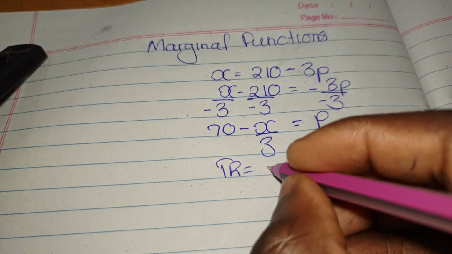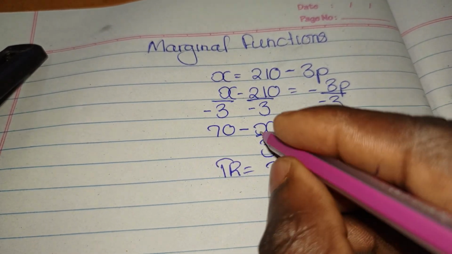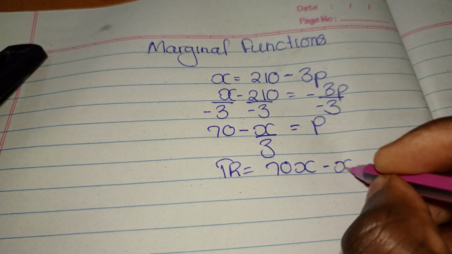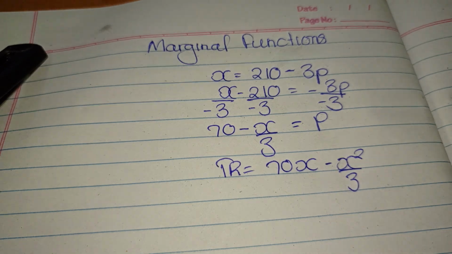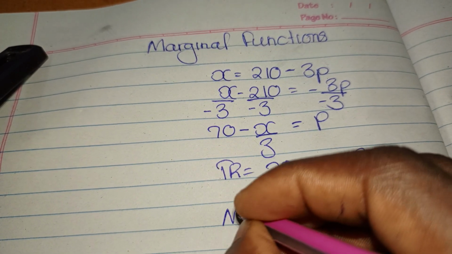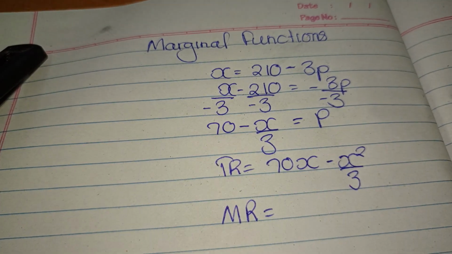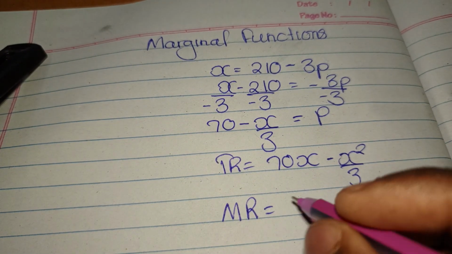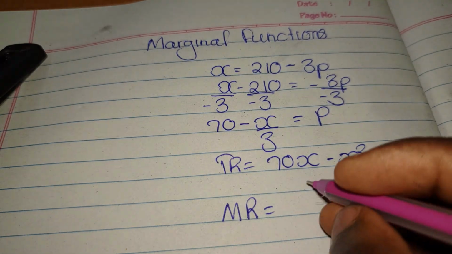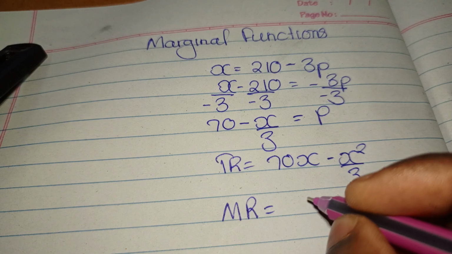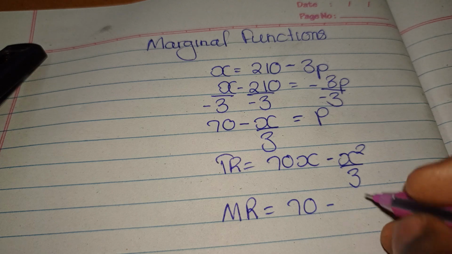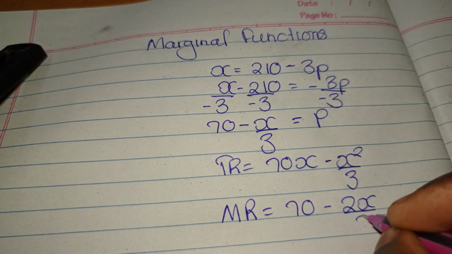So x times 70 is 70x, and x times negative 1 over 3 is negative x squared over 3. This is the total revenue function. Then the marginal revenue is the derivative of the total revenue function. The derivative of 70x is 70, and the derivative of x squared over 3 is 2x over 3.